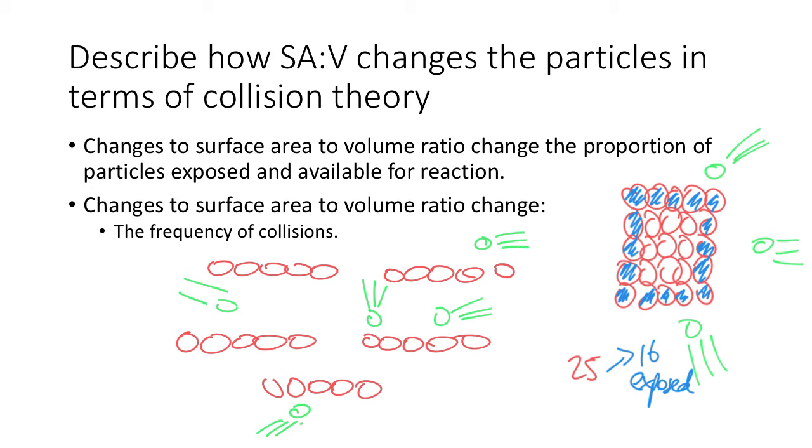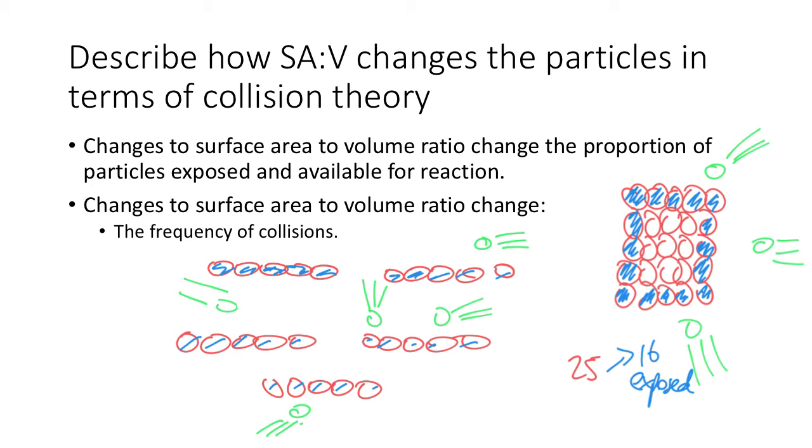Because you've changed the way that they are arranged, you are now increasing the frequency of collisions. Out of those 25, all of them are available to react because they're all exposed, and the other reactant can bump into them at any given time.